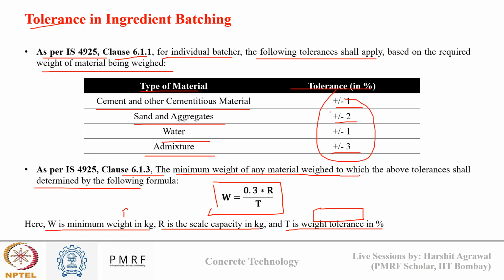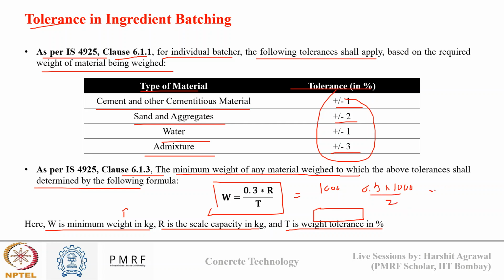How does this formula work? Let's assume the scale capacity of my weighing balance is 1000 kg, and the weight tolerance limit is 2% for aggregate. If I use this formula, it will be 0.3 into 1000 upon 2.